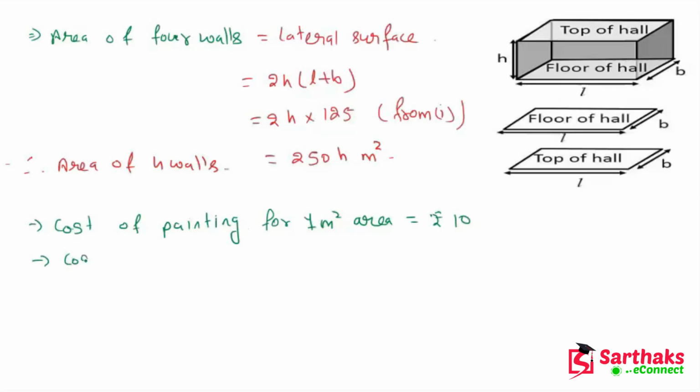So here is the cost of painting 250H meter square area. This will be 10 into 250H, and we have the total cost.